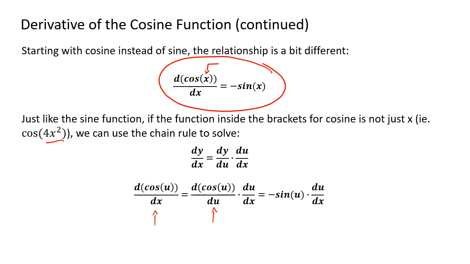In this case, I let u equal this function, let's say 4x squared. So it's the derivative of cosine u with respect to u times the derivative of u with respect to x. Okay, so what you're always going to end up with as an answer is the negative sine of that function u times the derivative of that function, du by dx.